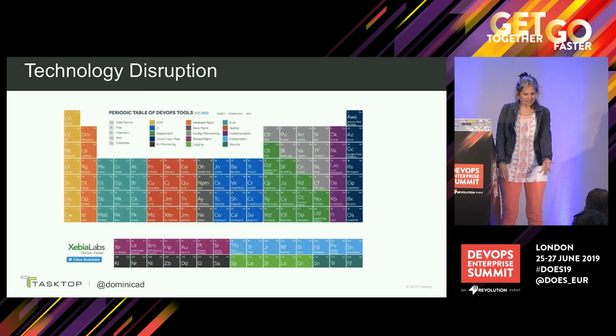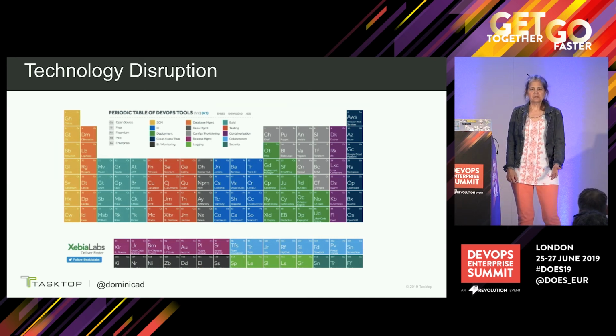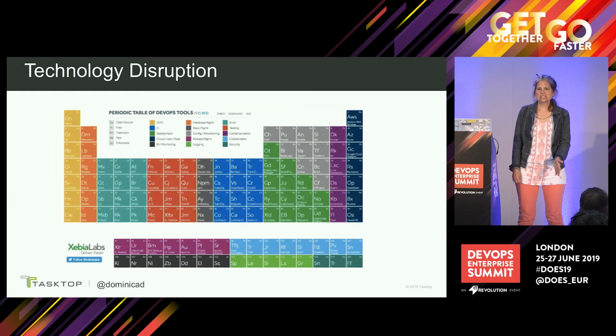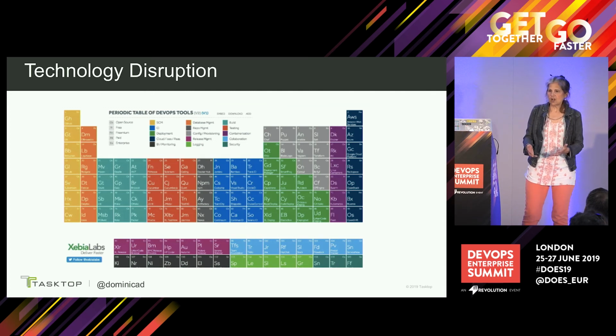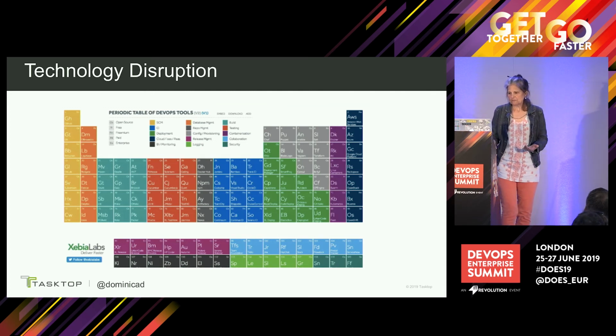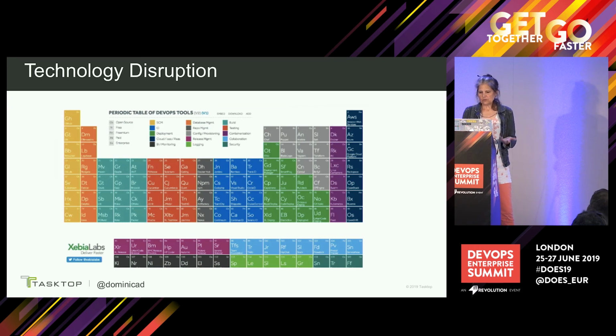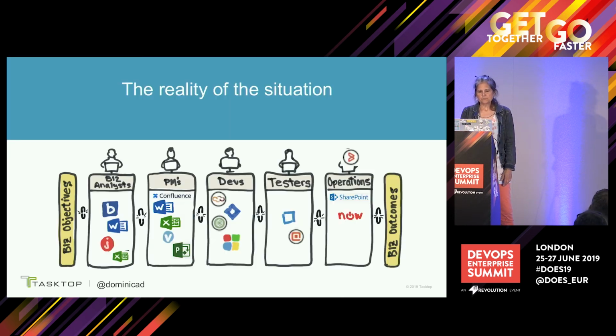Now, there's this ZB Labs beautiful periodic table of DevOps tools that has over 120 different tools in it. But this is what the DevOps community is saying: allow teams to use the tool of their choice, because they should have the ability to use their best-of-breed tools to do the job the best way that they can do it. Right? Let people use their tool of choice to get the job done.